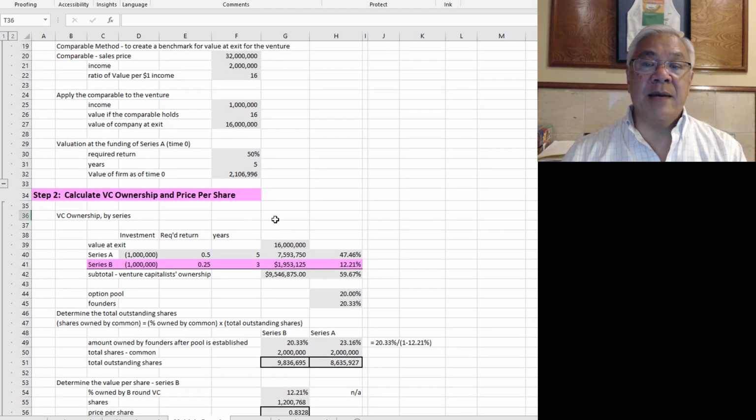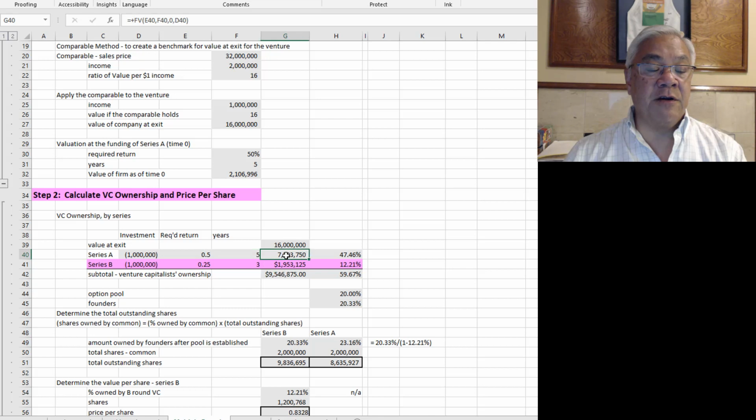So we say, okay, at the time of exit, who owns the company? At the time of exit in year 5, we're going to have the common shareholders, the option holders, the Series A, and the Series B. So let's look at how the money is divvied up at that point in time. The Series A investors put in $1 million, and the required return is 50%, and they want a 5-year holding period.